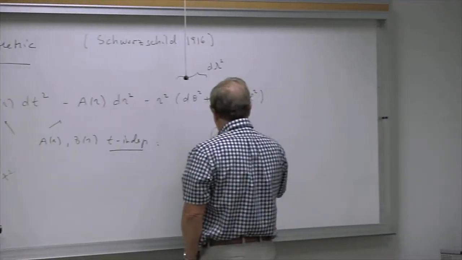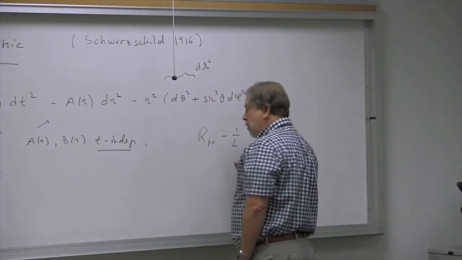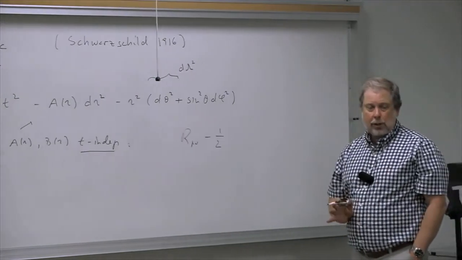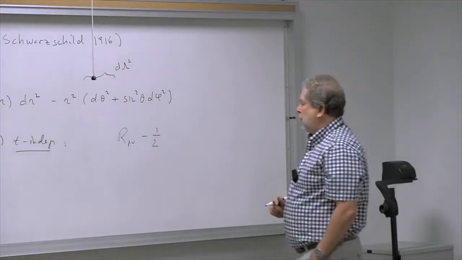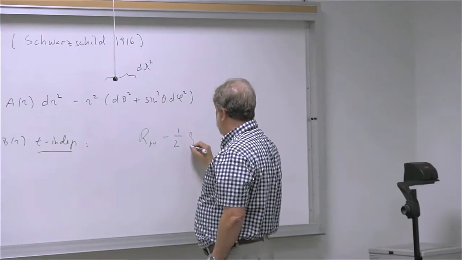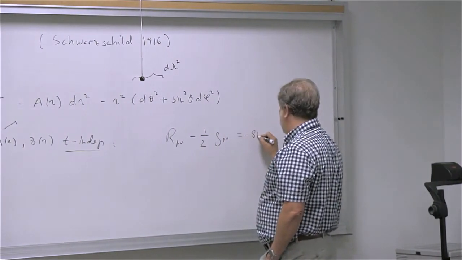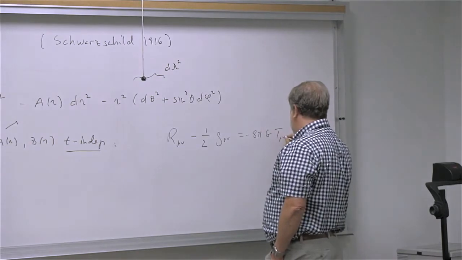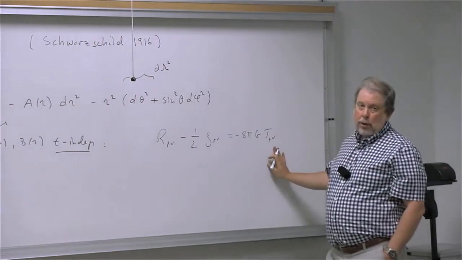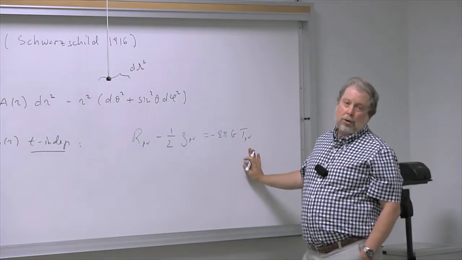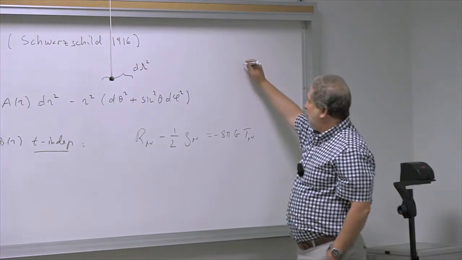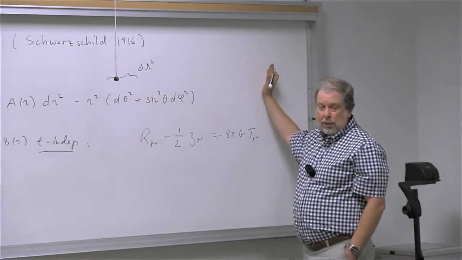Well, we do have R mu nu minus a half. Remember, the cosmological constant term for now is 0 because on solar system scales it's kind of irrelevant. And so we are going to solve R mu nu minus a half g mu nu R is equal to minus 8 pi G times T mu nu. But we are going to deal with a point source at the origin, so this delta function here, and then everywhere else it's 0.